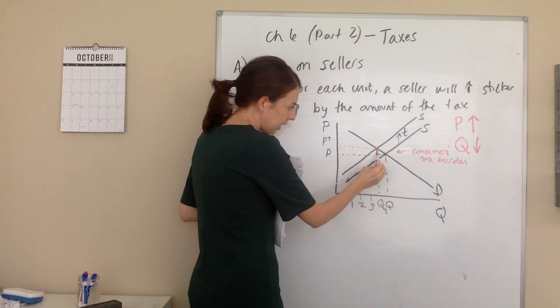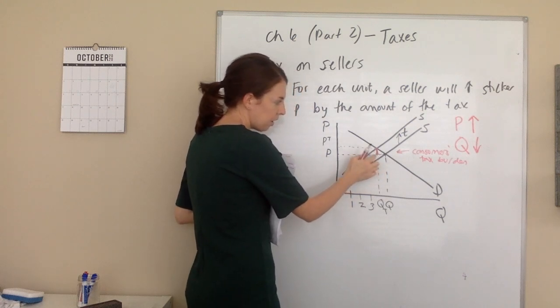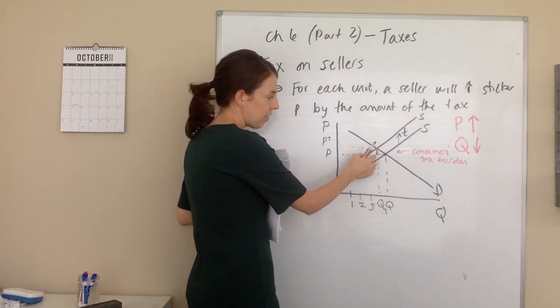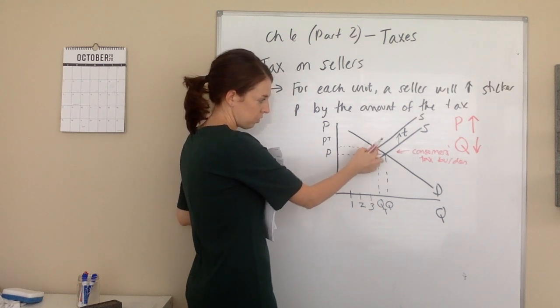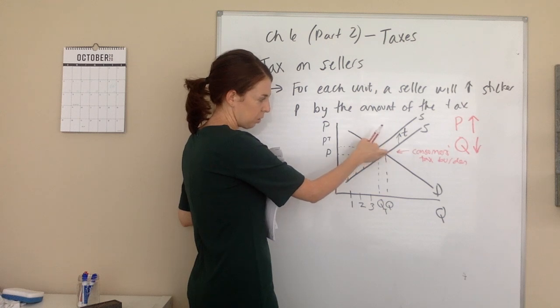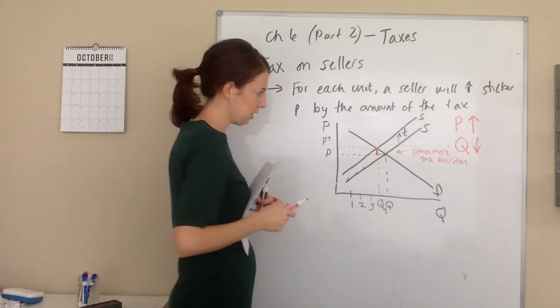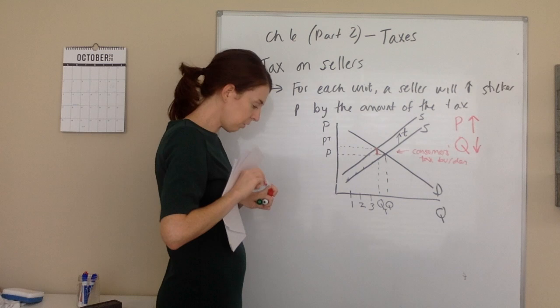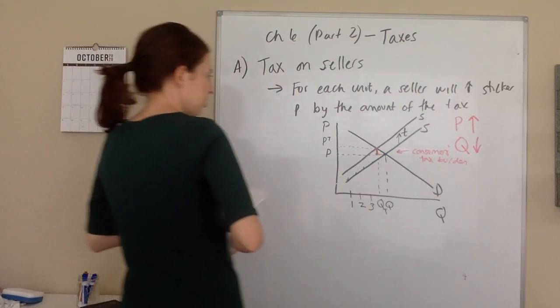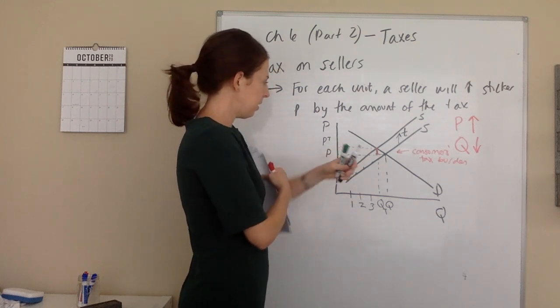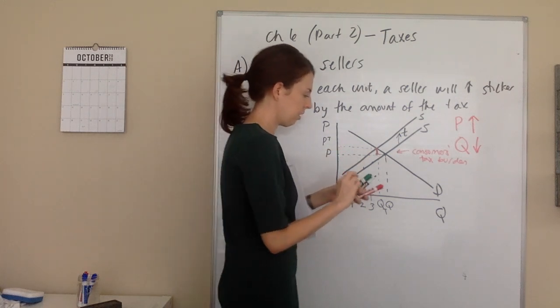Okay, there's another little leg underneath this red line that is left over. So the whole vertical distance between these two lines is equal to the tax. A portion of that distance is the consumer tax burden. The leftover portion is going to be the producer's tax burden.